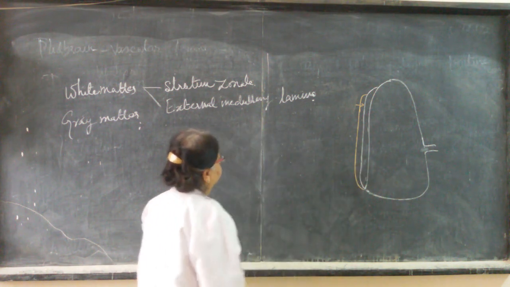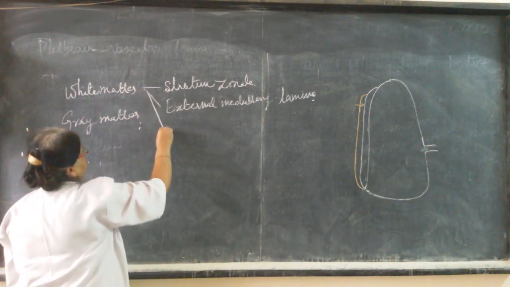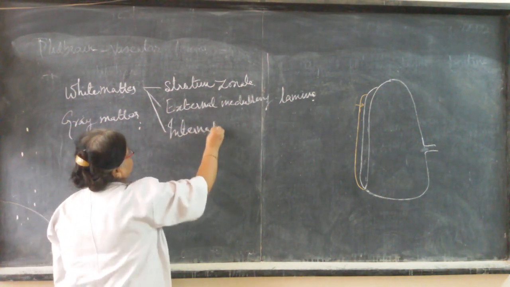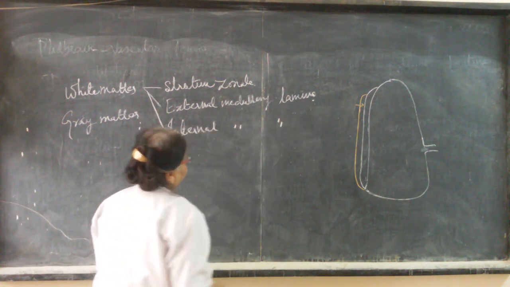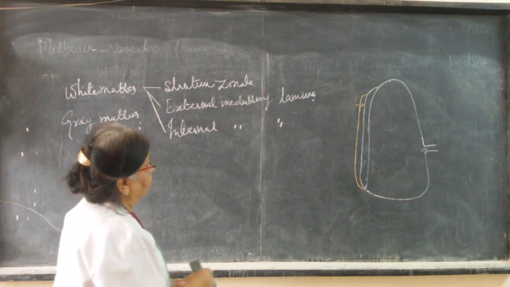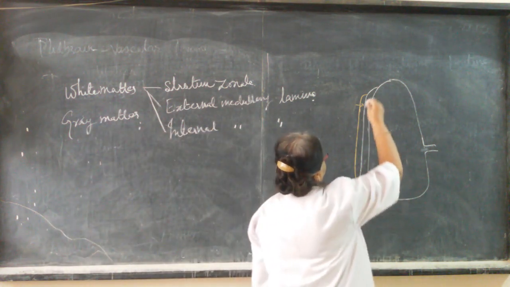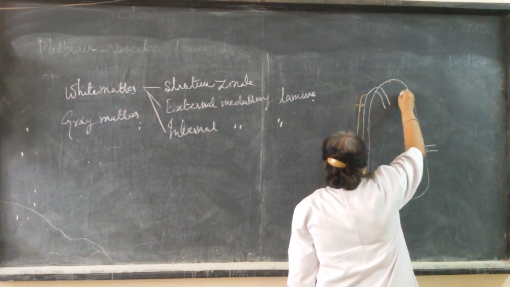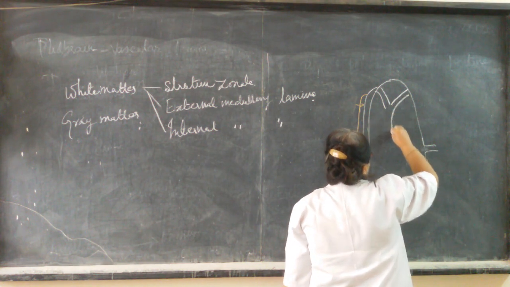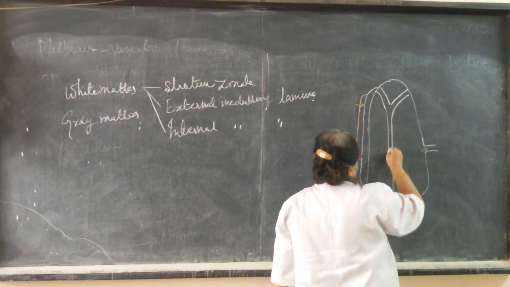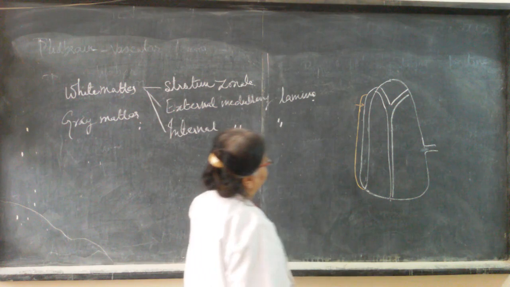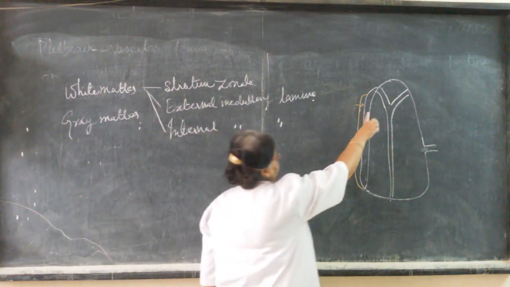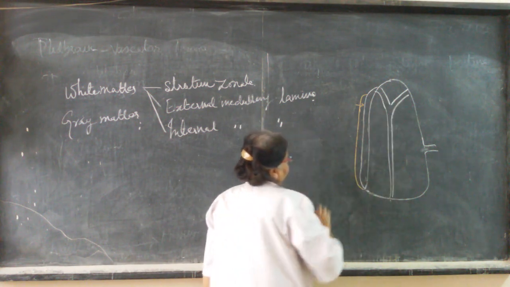We have already seen that, and then we will get internal medullary lamina. The internal medullary lamina is in the form of a letter Y. This part is the internal medullary lamina.